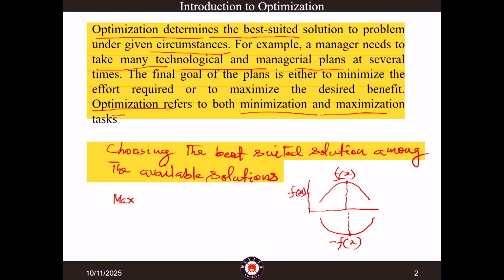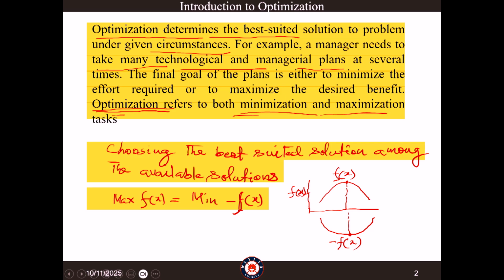In mathematical terms, I can write that the maximum of f(x) is equal to the minimum of minus f(x). That is why optimization refers to both minimization and maximization.